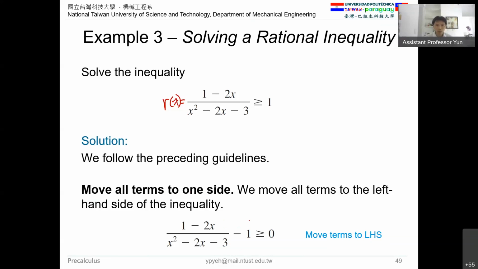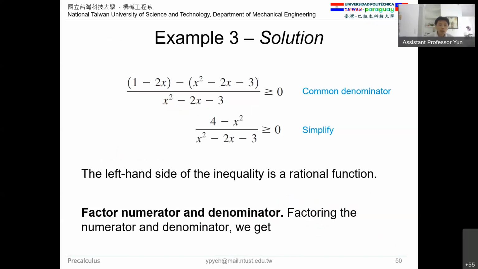So the 1 could be represented as x squared subtracted 2x subtracted 3 in the denominator, and also in the numerator. Okay, so then we can use the same denominators, and the numerator will be this original function subtracted by this denominator, right? Okay, so we combine these common denominators and then do the further evaluation, which will result in 4 minus x squared in the numerators.